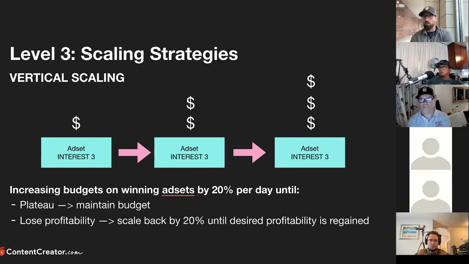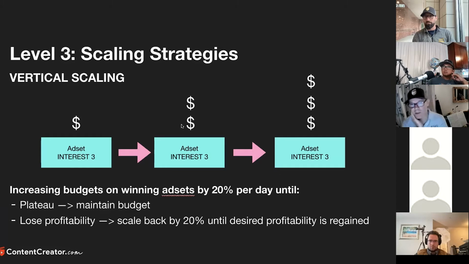So someone made a rule and people follow it. But Paul, Anthony, me, we'll triple, quadruple ad campaign budgets some days if we're feeling it and it makes sense. But with vertical scaling, essentially you're duplicating that ad set and adding more budget to it without changing any of those variables.